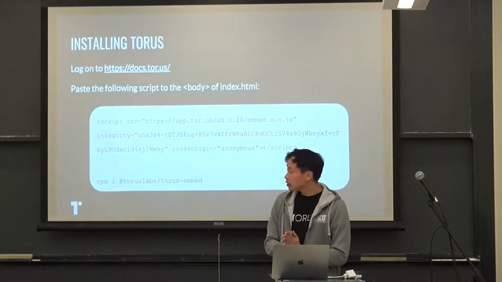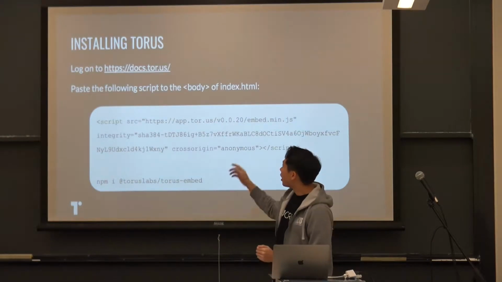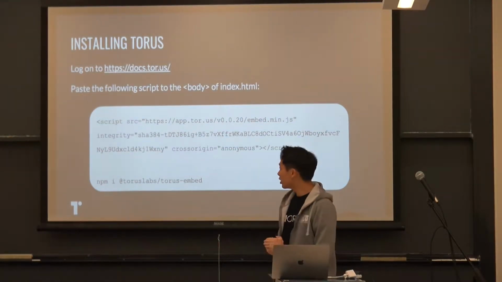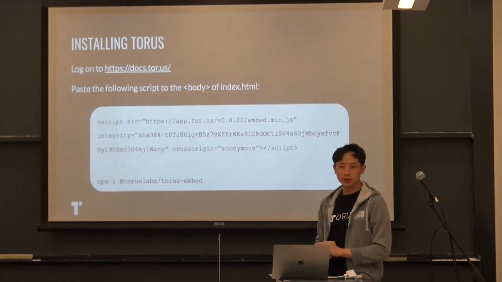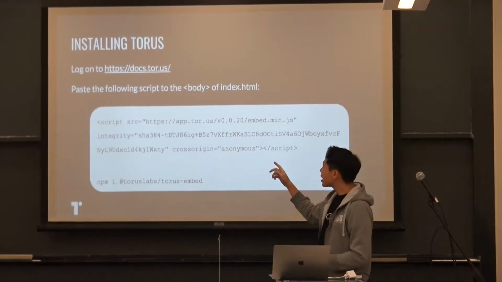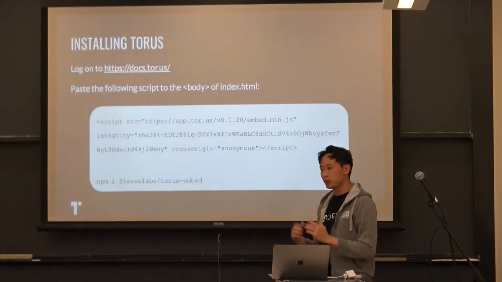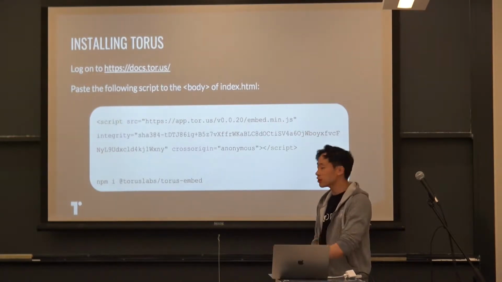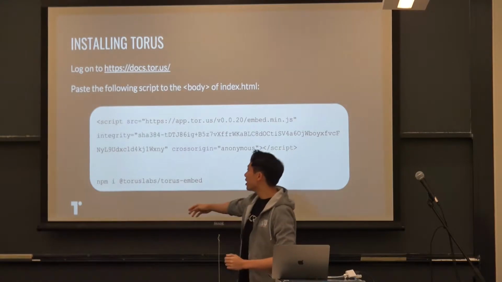What this means for you guys is you can integrate us. Our docs are at docs.tor.us. You can either use the one-line script tag to include Torus, and you instantly get a Web3 instance. That was the way people used to do it, but nowadays, with people having multiple wallet providers and a lot of wallets in the space, if you're looking to integrate Torus with other wallets, I would recommend going for the NPM package.